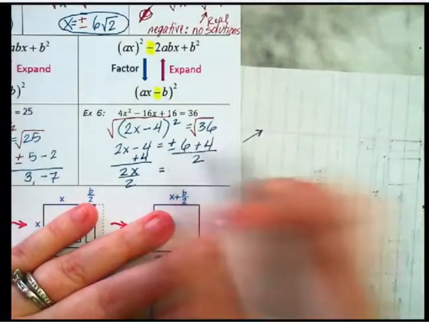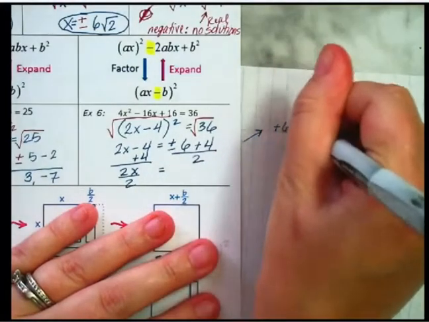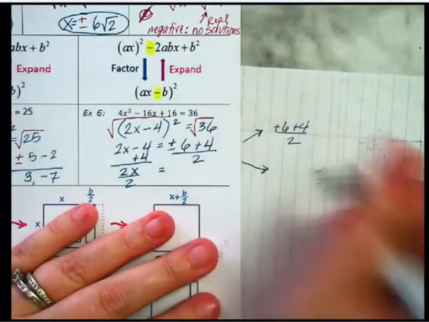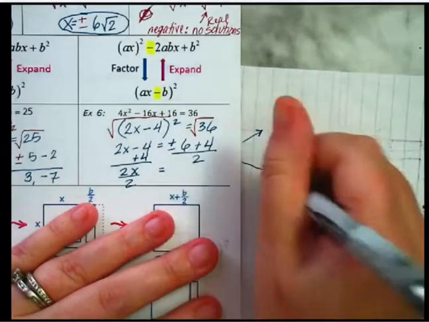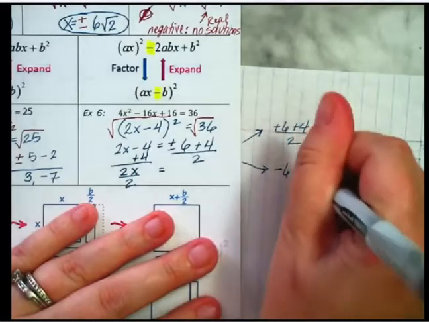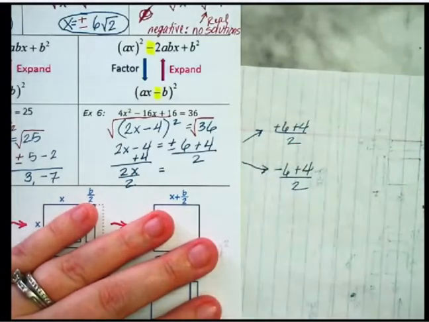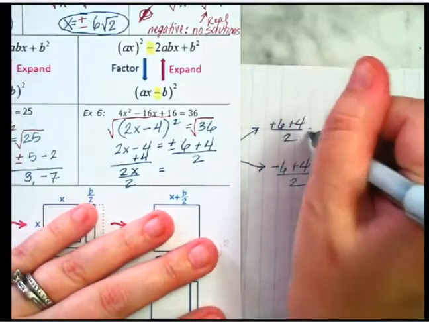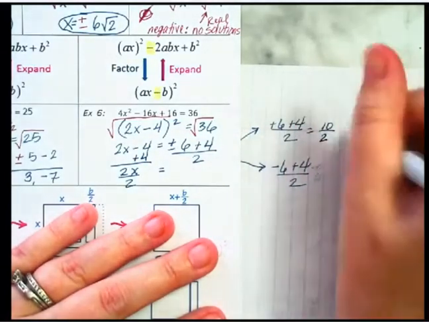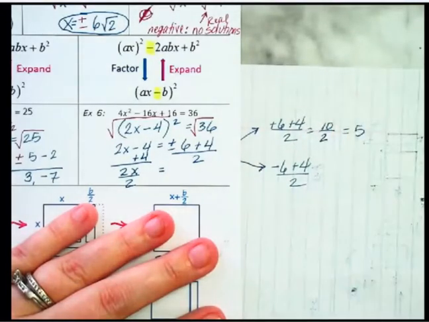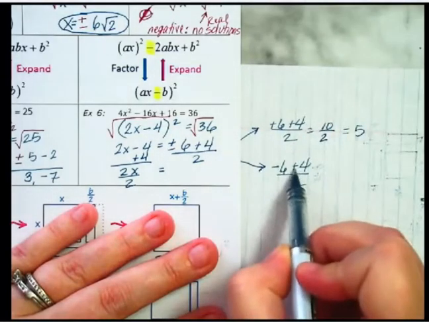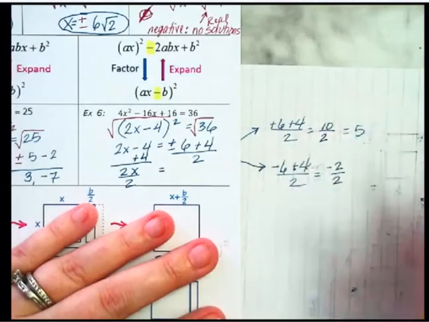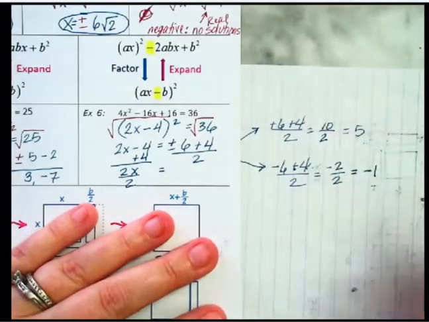So positive 6 plus 4 divided by 2, and then I also have a -6 plus 4 divided by 2. And now I'm ready to simplify each of these. 6 plus 4 is 10 over 2 is a positive 5. -6 plus 4 is a -2 divided by 2 is a -1.